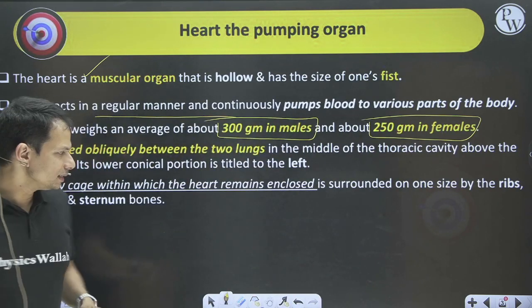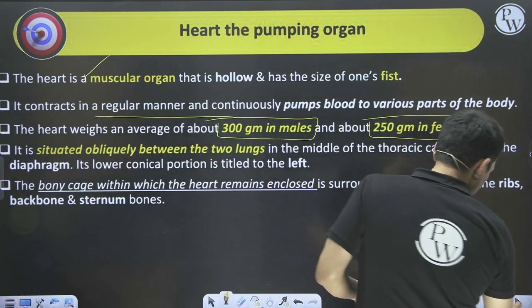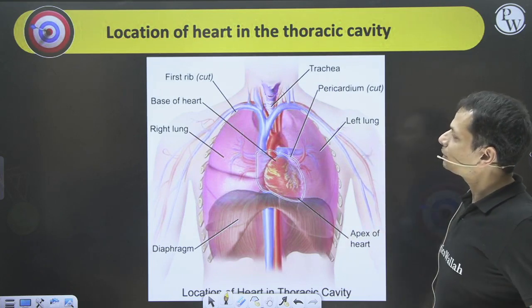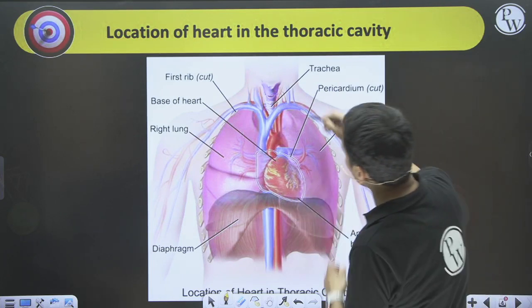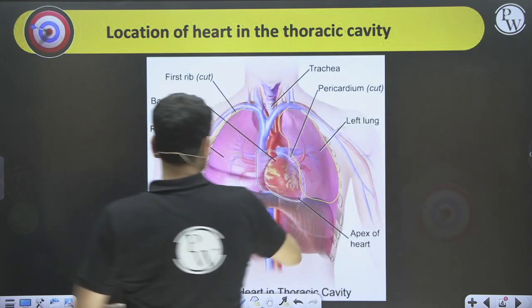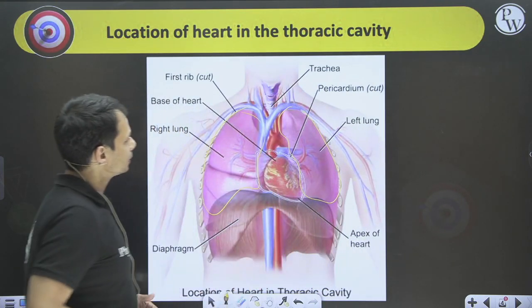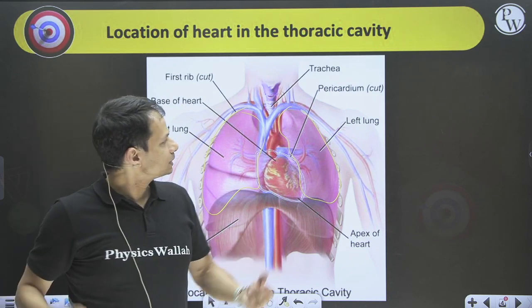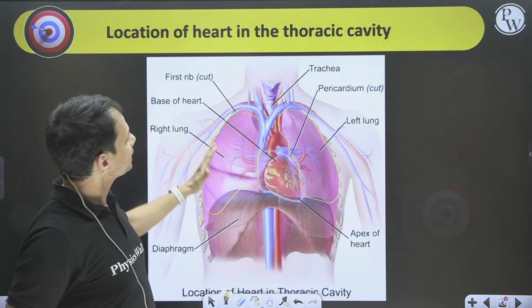And if you look at where the human heart is actually present, let's look at this picture. This is the heart, which is positioned between the two lungs. This is one lung, and this is the other lung, right? This is the right lung, this is the left lung.